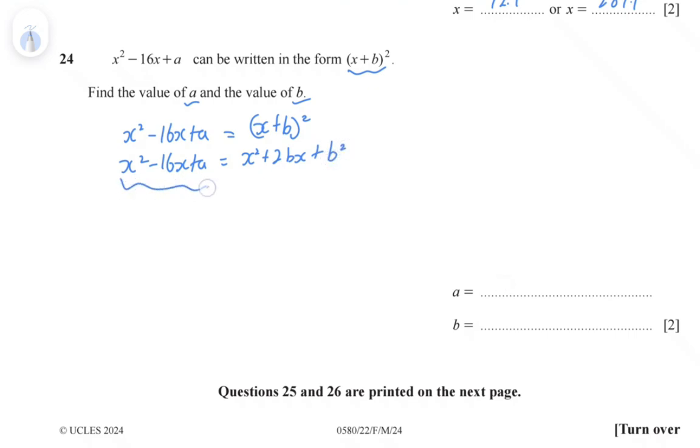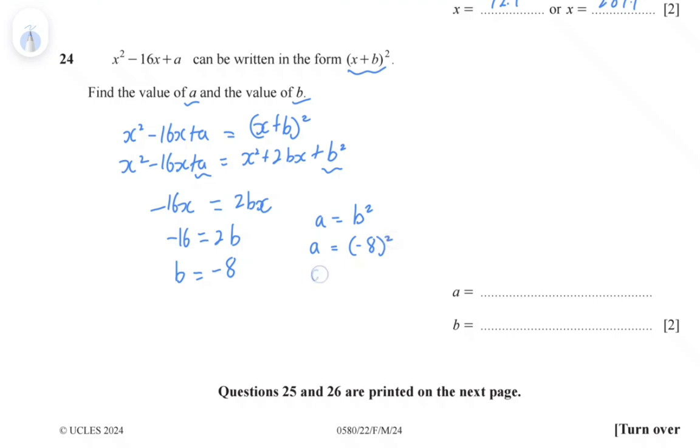So by comparing the coefficients of x, we know that minus 16x is equal to 2bx. Cancelling out the x, we get that negative 16 is equal to 2b, and b is thus negative 8. Now, we also know that a is equal to b squared, and seeing as b is negative 8, a is equal to 64, thus giving us an answer of a equals 64, and b equals negative 8.